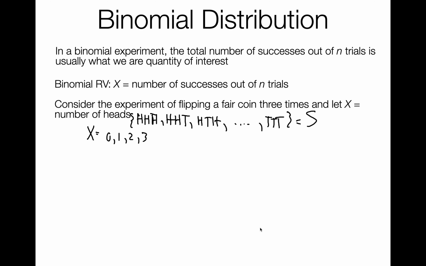If it looked at this first outcome, it would say, well, I'm counting 3 heads, and so X would be 3 there. And then 2, 1, and then all the way down to 0. And so that's what the random variable would look like if it's counting the number of successes out of n trials.